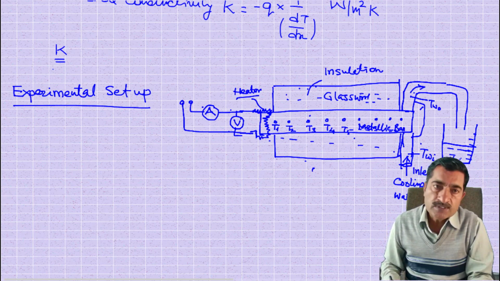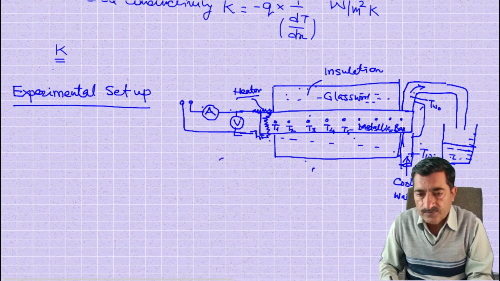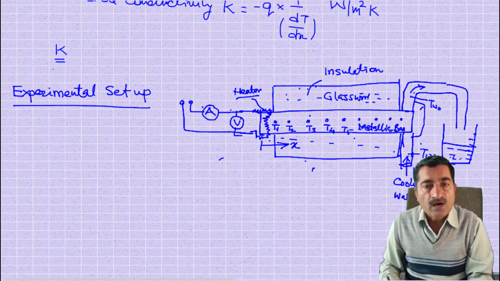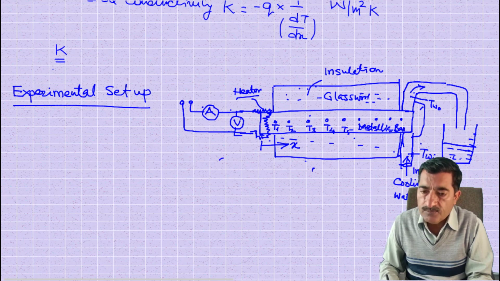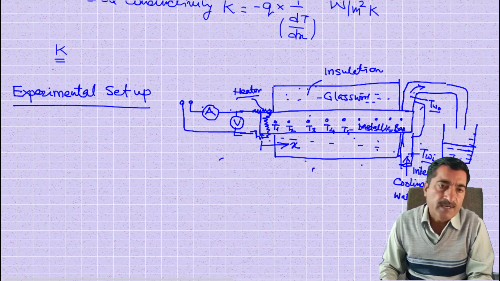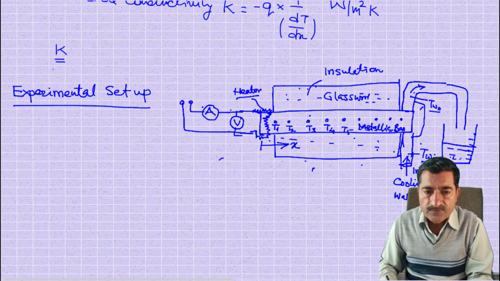The thermocouples are fixed at known distances along the length of the bar in the test section. The inlet and outlet temperatures of the circulating water are measured by thermocouples TW1 and TW2. Okay, so this is the experimental setup.